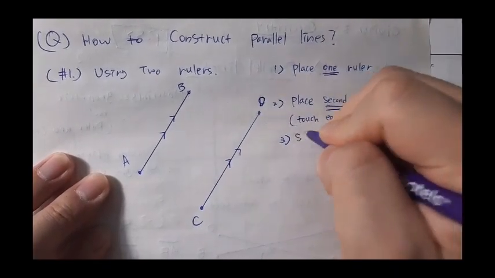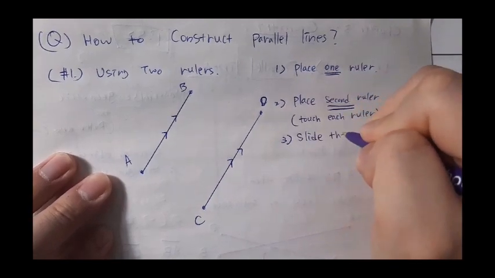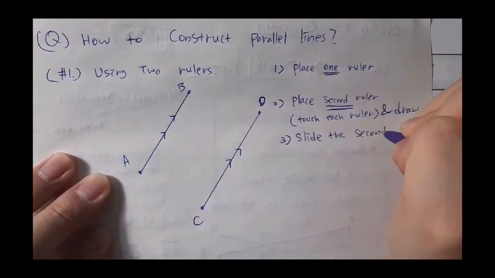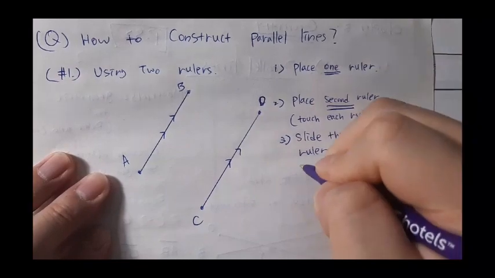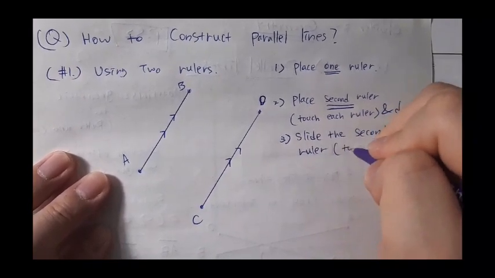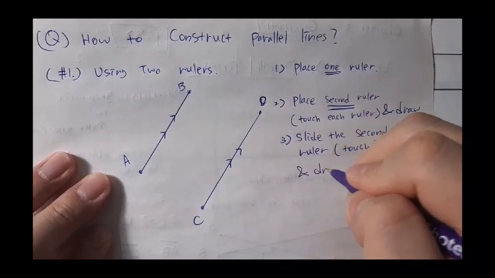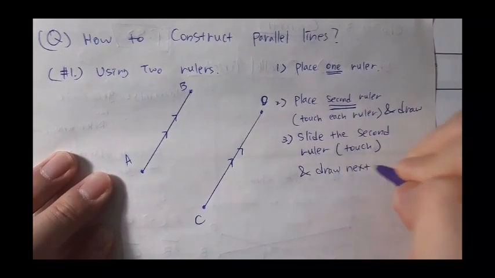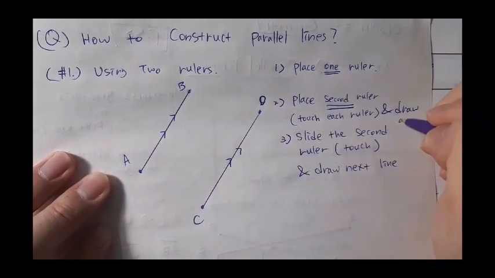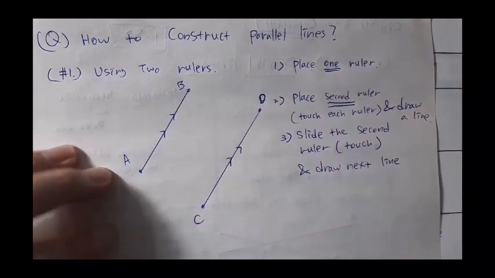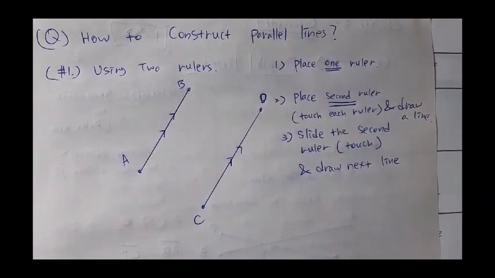Third step is slide the second ruler, and you still touch the first one and draw the next line. So we have these 3 steps.